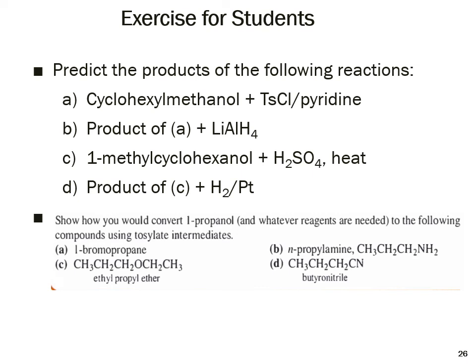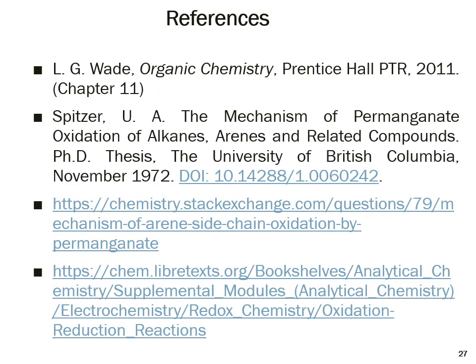I hope you can make the structures of these products by reading their names, like 1-bromopropane, N-propylamine, ethyl propyl ether, and butyronitrile. I wish you best of luck with this. I'll share the answers later for this exercise, but you must practice this because it will be beneficial for you. And thank you very much for your attention.